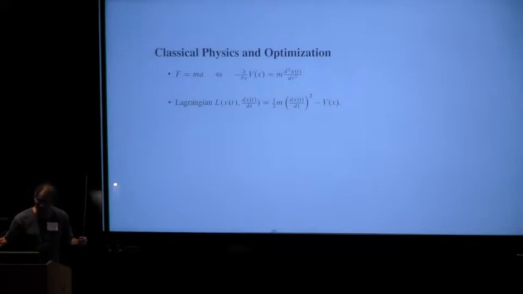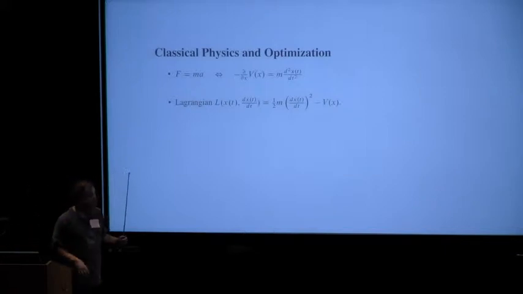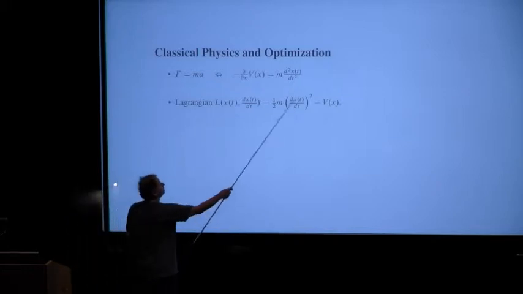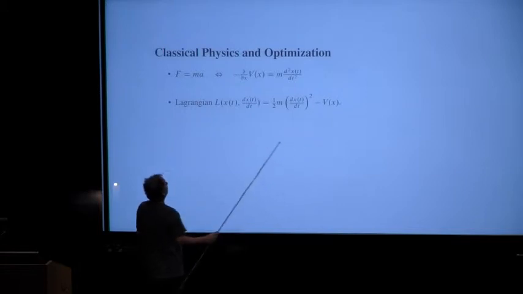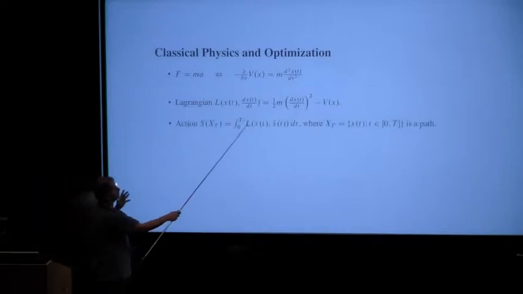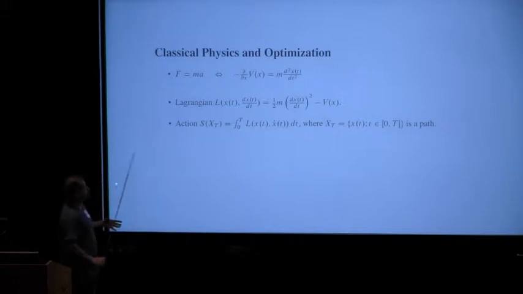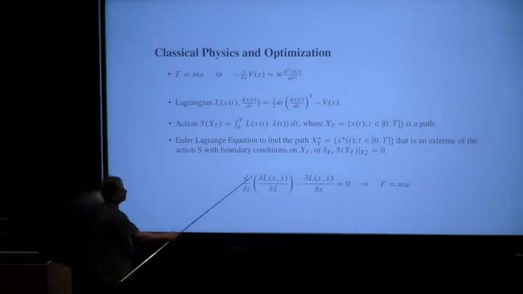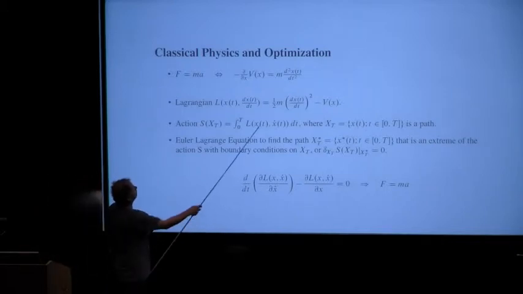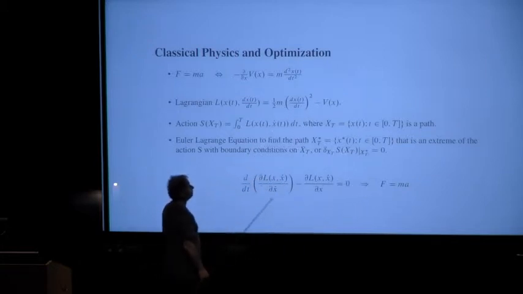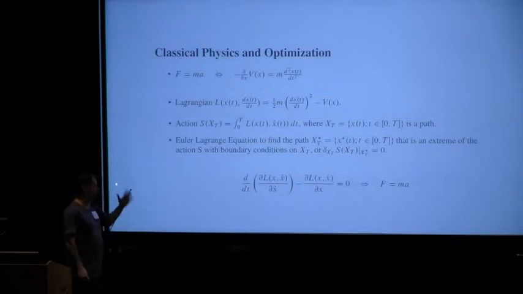Then there was the whole Rococo movement in physics to do the Lagrangian formulation, where you have the kinetic energy minus potential, and you create the action, the integral of the Lagrangian over time. Then you optimize the action and you get the Euler-Lagrange equation. And sure enough, if you apply the Lagrangian of the kinetic energy and the potential energy, you get the F equals ma equation. So at that time, many people said, "Oh, who cares? You get the same thing."